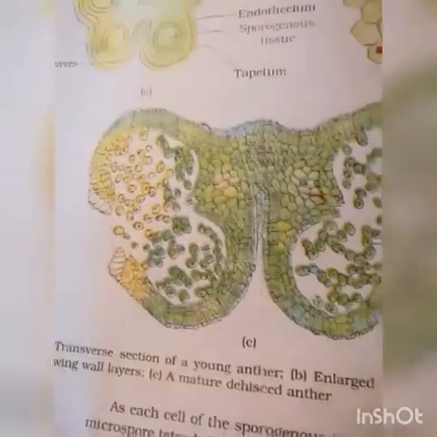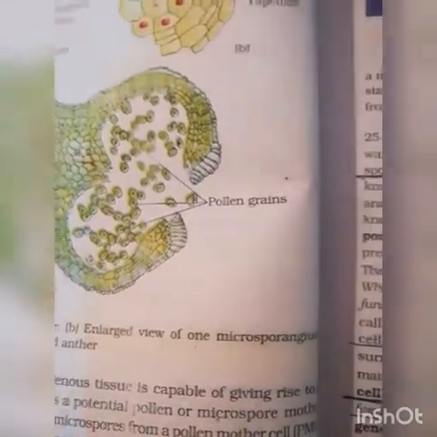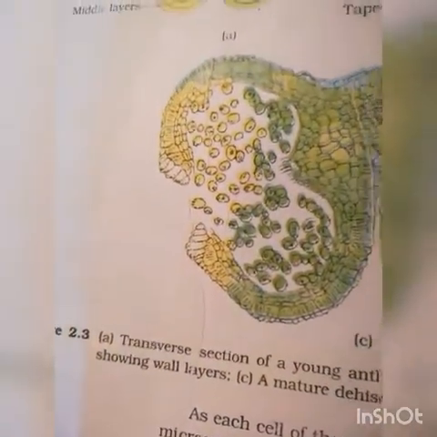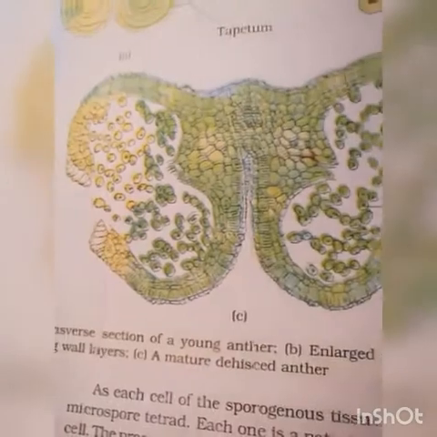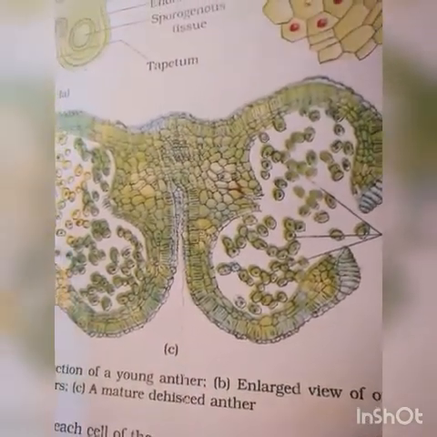Transverse section of a young anther, a large view of one microsporangium showing wall layers. See a mature dehiscent or dehisced anther.